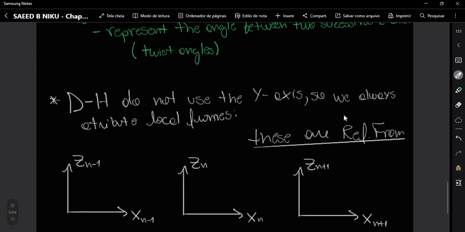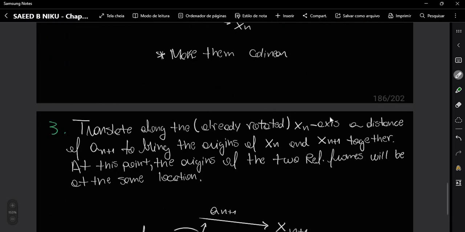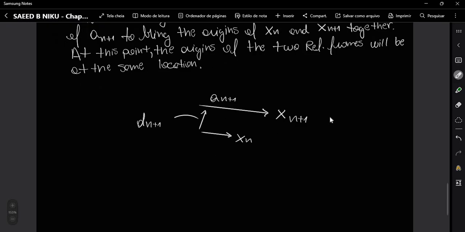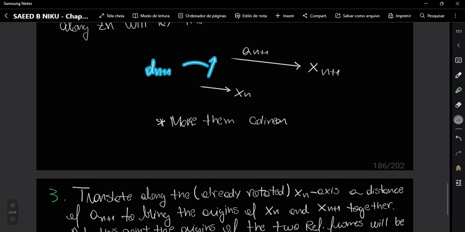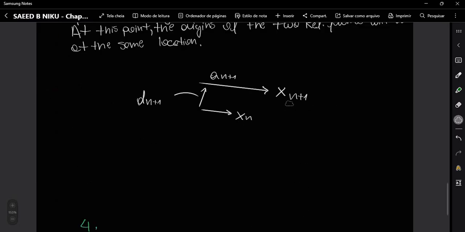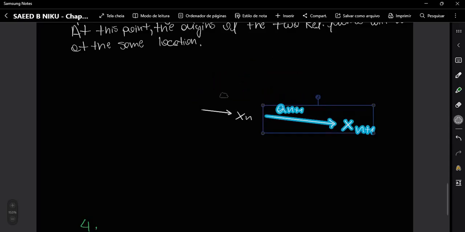Okay, so the origins are not together as I'm representing right here. It's something this way, more like this way. And now it's not this distance. Now let's say they are already collinear.